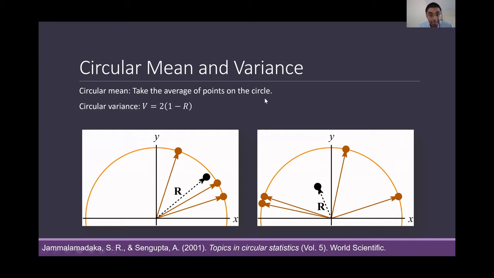So the circular mean, you take the average of the points on the circle, and the circular variance is defined as normally 1 minus r. We've added a factor of 2, and you'll see why that is. And if you look at this and you're thinking Holevo variance, if you ask us about that at the end of the presentation, there's some interesting discussion around that.